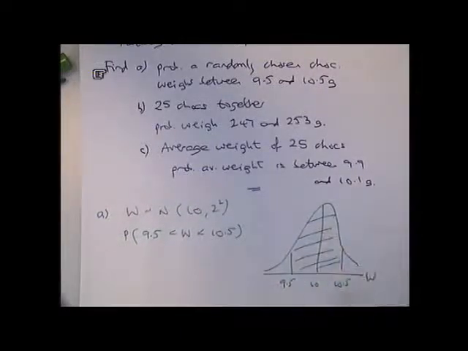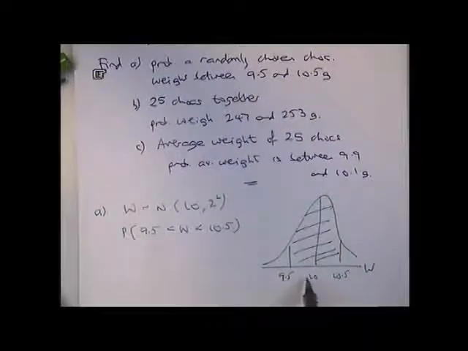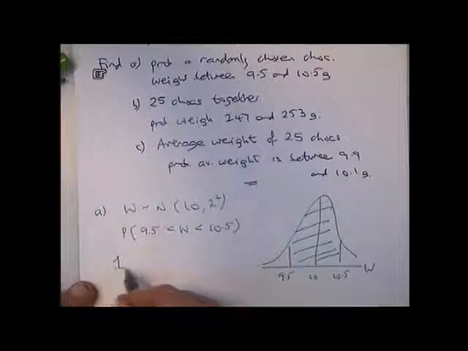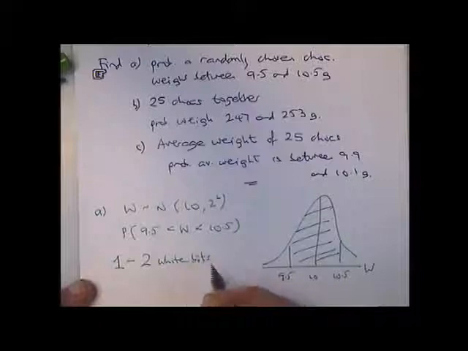What we want, the shaded bit, is everything, take away 2 unshaded bits, and the unshaded bits are equal because of the symmetry here, because this limit is the equal distance below the 10, but this limit is above the 10. By symmetry, the easiest way of doing that is saying it's 1, take away 2 white bits, which isn't what you'd write down in the exam.